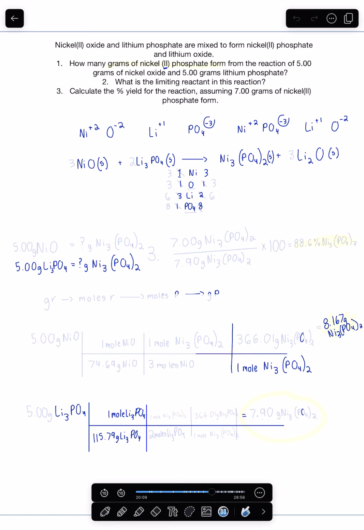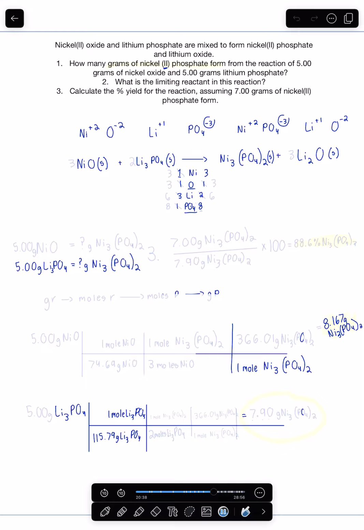Okay, so as you can see, I've counted up all of them. One thing that I do think is helpful is keeping the polyatomic ion together instead of separating it, which is why there's an oxygen here and here. So first of all, I think that the easiest element to balance is going to be the lithium.